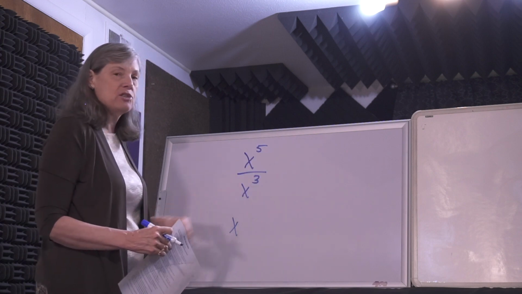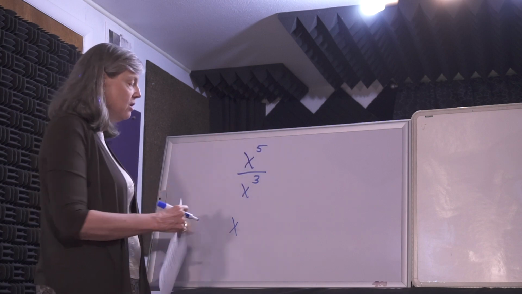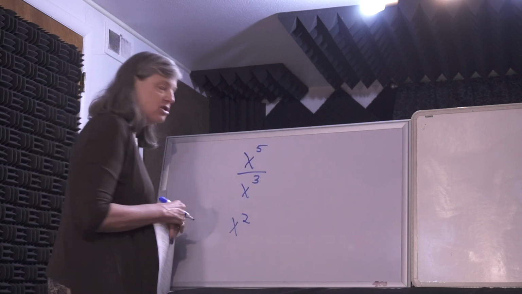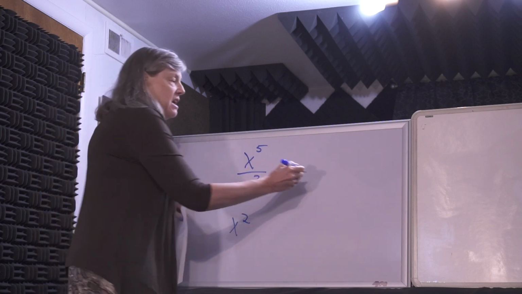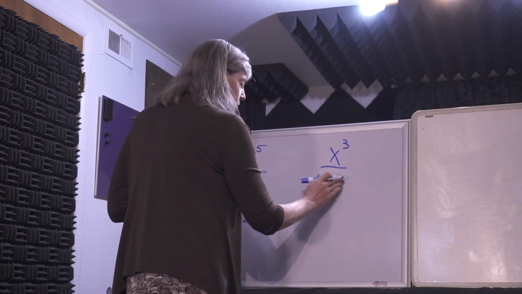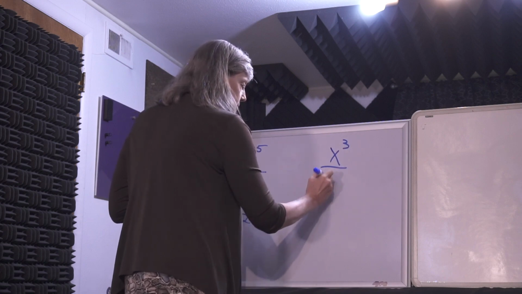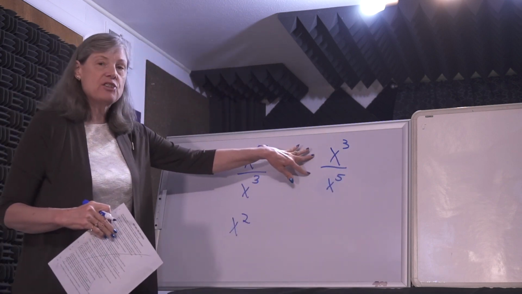So these bases are the same, so I keep the base and I'm going to subtract these two numbers. Well, 5 minus 3 is 2. Because the 5 is the bigger number in the numerator, that means this is just going to stay in the numerator, okay? If this had been the other way around, okay, again, these bases are the same.